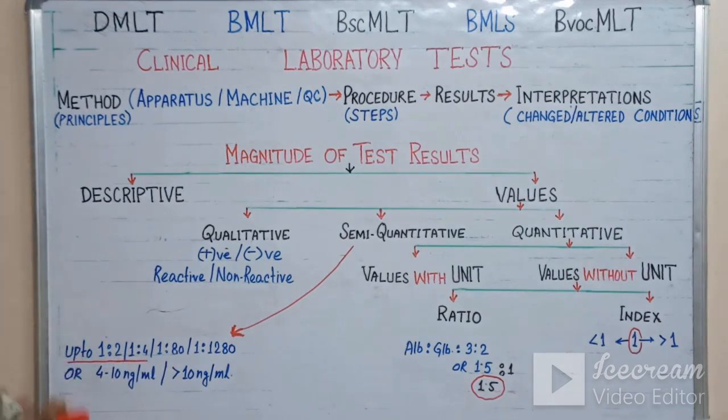Like that, this type of dilution is 1:2, 1:4, 1:8, 16, 32, 64. And the other type of dilution method is 1:80, 1:160, 1:320, 640, 1280, like that.